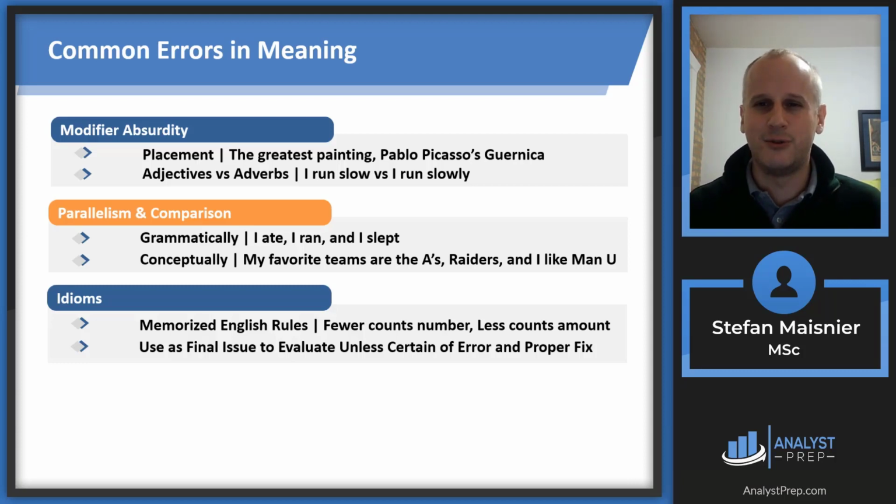Don't allow yourself to select an answer that you're only halfway certain about, when there may have been a better answer or a better issue to evaluate that perhaps from the prior errors, be it a pronoun that's misplaced, a subject-verb pair that's certainly wrong from a numbering perspective. Use those more certain reasons to eliminate, as opposed to just noticing an idiom and trying to decide, well, is it among, is it between? And not really knowing for certain.